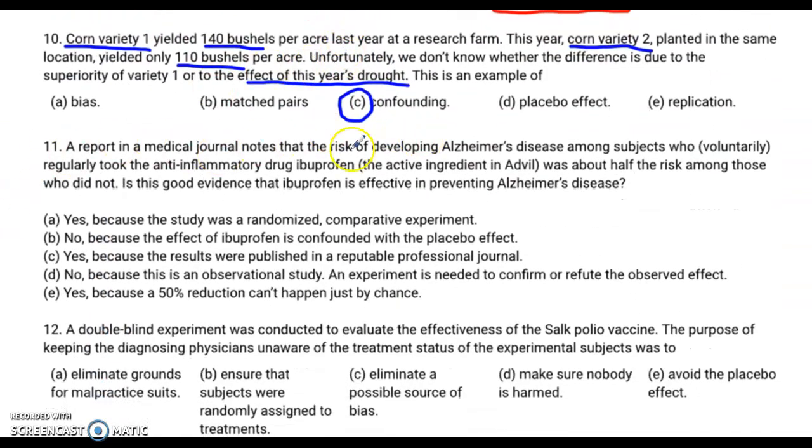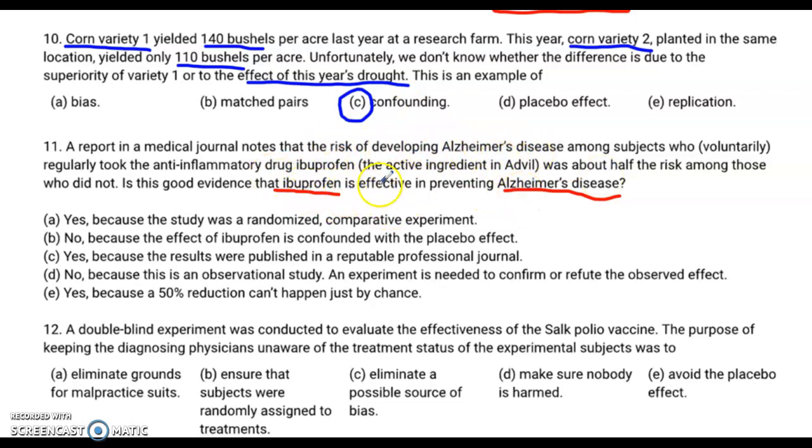For number 11, we're looking at the risk of developing Alzheimer's disease. It's asking whether this is good evidence that ibuprofen is effective in preventing Alzheimer's disease. Normally, to determine cause and effect, we're trying to figure out whether ibuprofen causes the risk of developing Alzheimer's to be reduced, right?